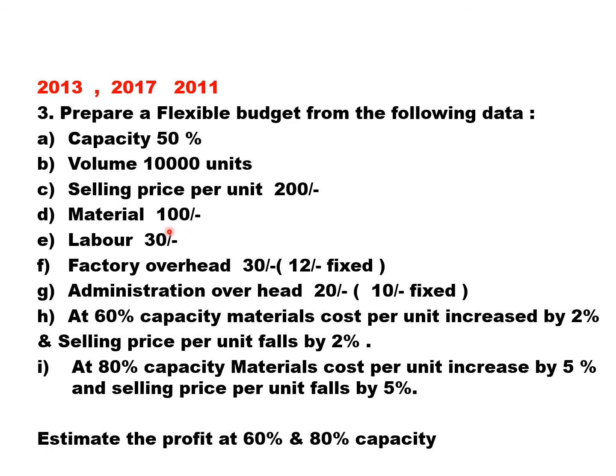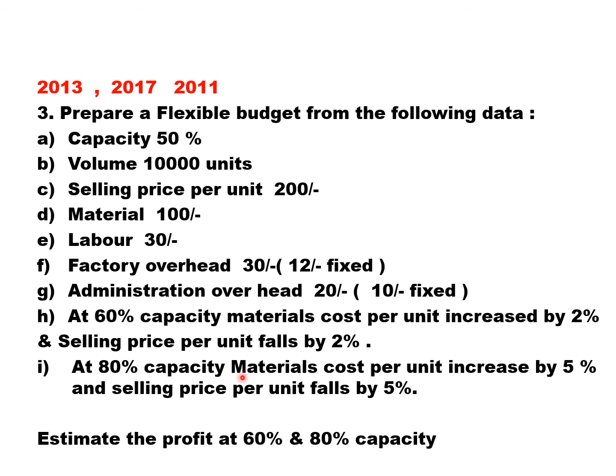Material is 100 rupees, 100 plus 2% gives 102. Selling price is 200 minus 2%, you get 196. So at 60%, material will be 102 and selling price will be 196.